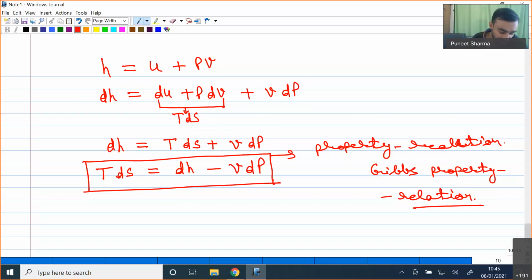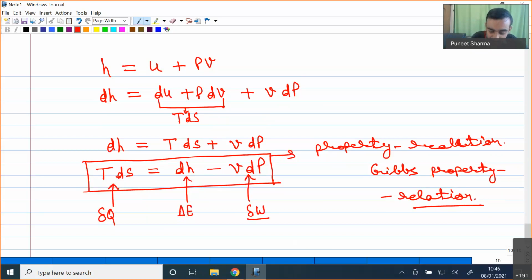Now, if you take the analogous form of our law of conservation of energy, this TdS term represents the net amount of heat transfer for a process, and this dH represents the change in energy content. So what third quantity is missing? The third quantity missing is our work interaction.